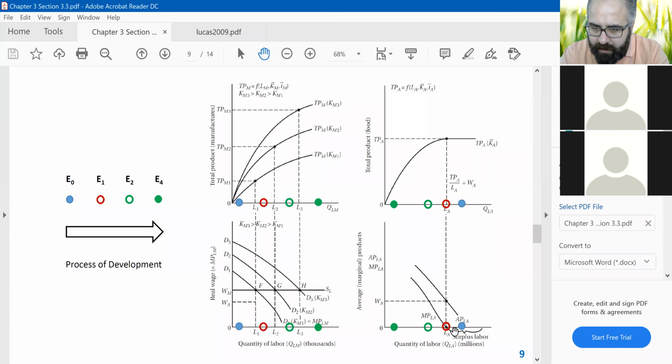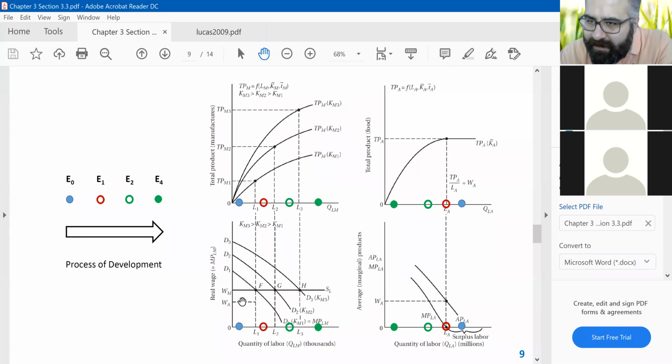If the quantity of labor employed in agriculture is getting lower and lower, what happens in that sector? Well, wages increase. So at some point, you may imagine that agricultural wage is equal to manufacturing wage. So people would have no incentive to migrate to the urban areas, because they're going to earn the same wage.